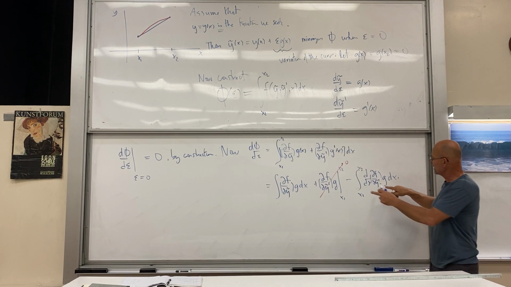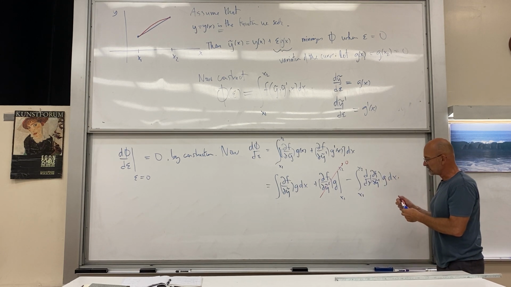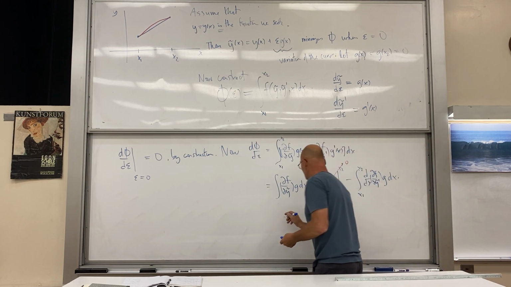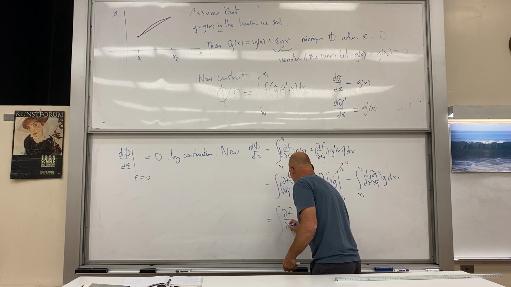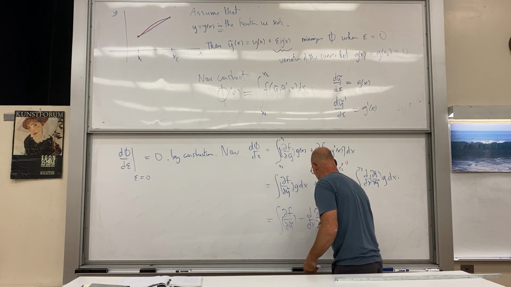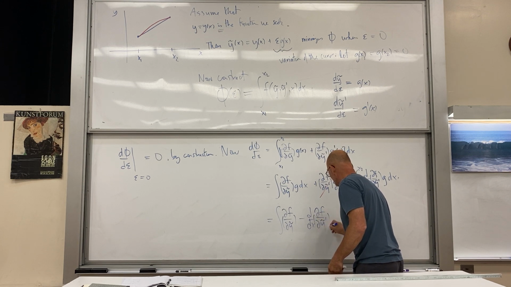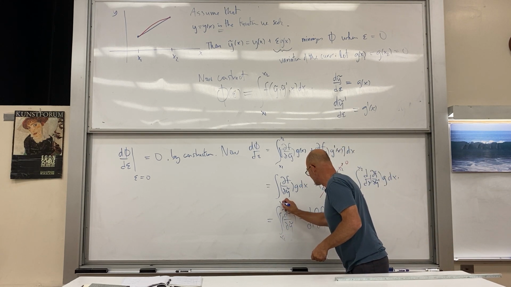Then I can bring these integrands both under the same integral with a common g, and that will be integral of partial f partial y tilde minus d dx of partial f partial y tilde prime, dx, x1 to x2.